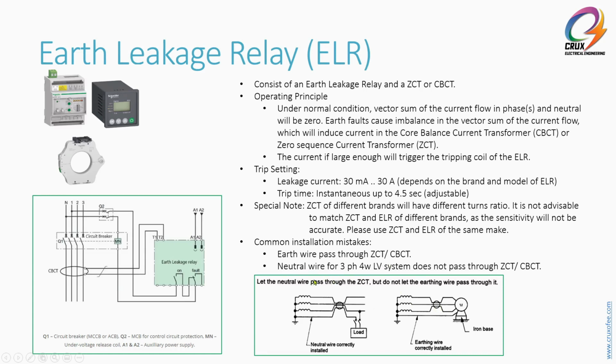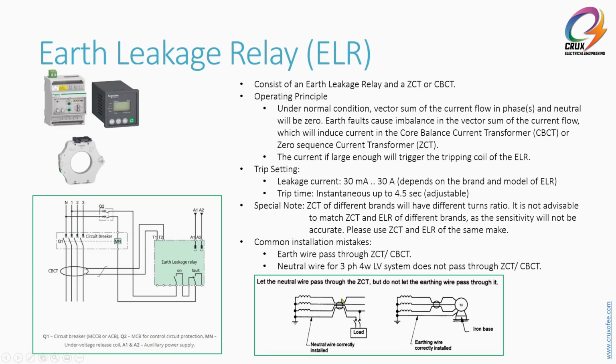The second most common installation mistake is that people always think that when it's used for a 3-phase or 4-wire system, the neutral wire is normally not passed through the ZCT or core balance CT. For example, if you see in this case, this neutral wire is actually being laid outside.